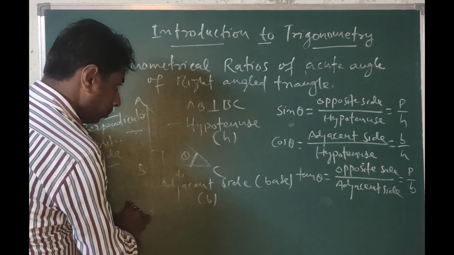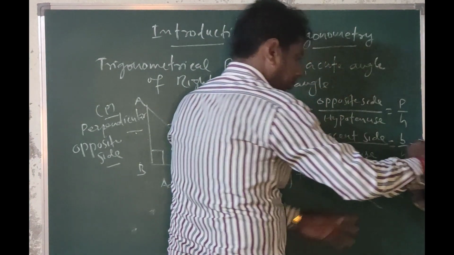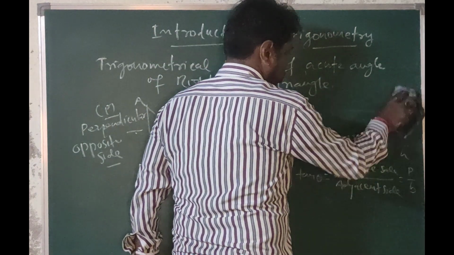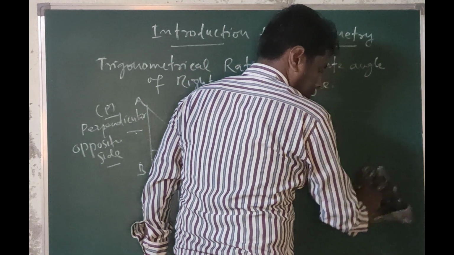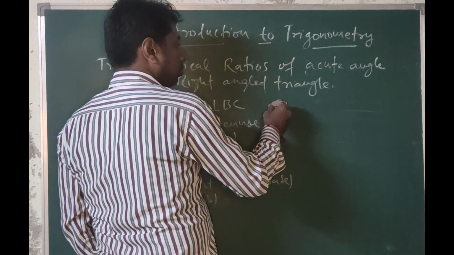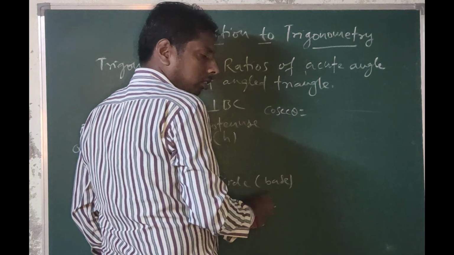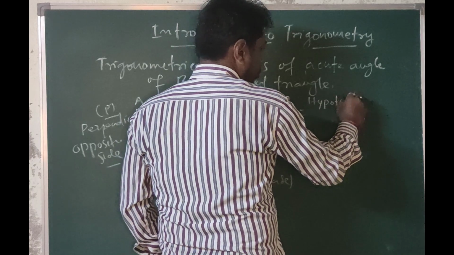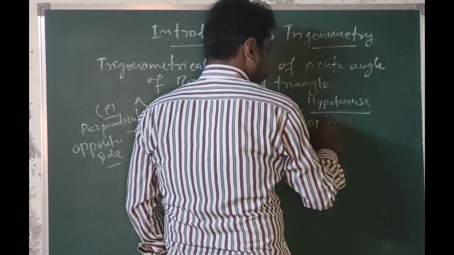Then we have cosec theta equals hypotenuse by opposite side.